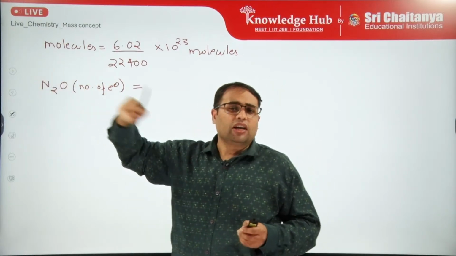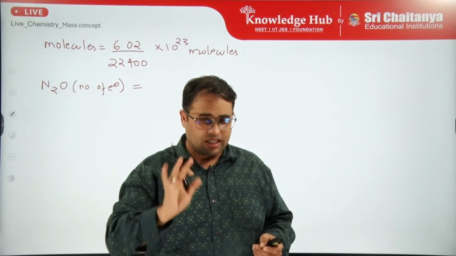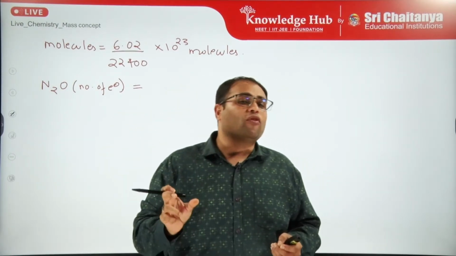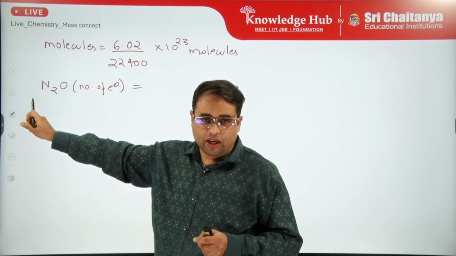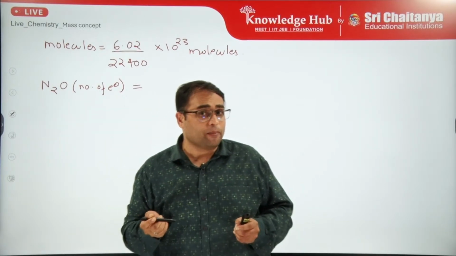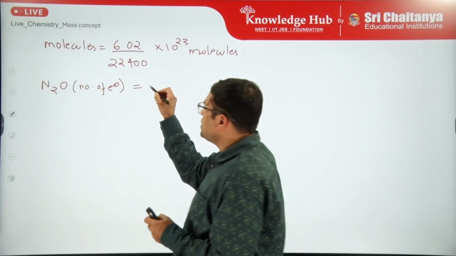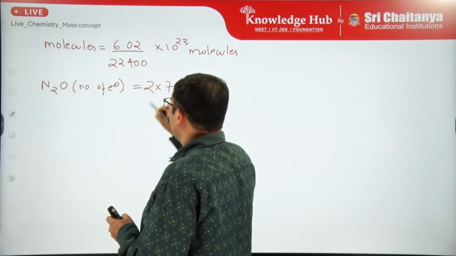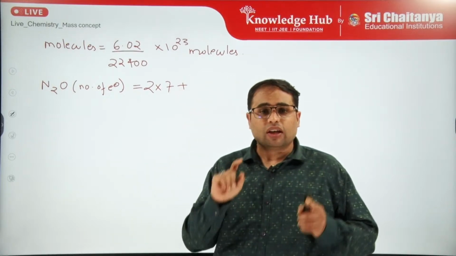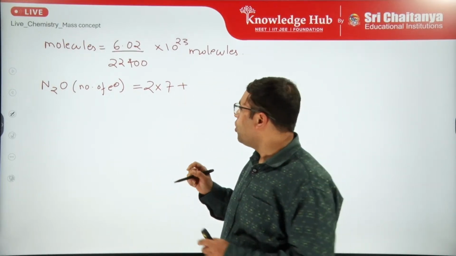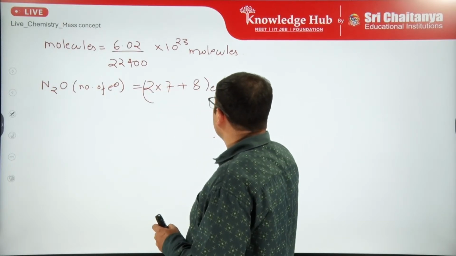And because this is electrically neutral, the number of protons will be equal to the number of electrons, correct? So as many protons or atomic number, that many electrons it will have. Now because you have 2 nitrogen atoms here and each nitrogen atom has 7 protons or electrons, you can say that 2 into 7 plus each oxygen atom has 8 protons, that is equal to the number of electrons, it will also have 8 electrons.